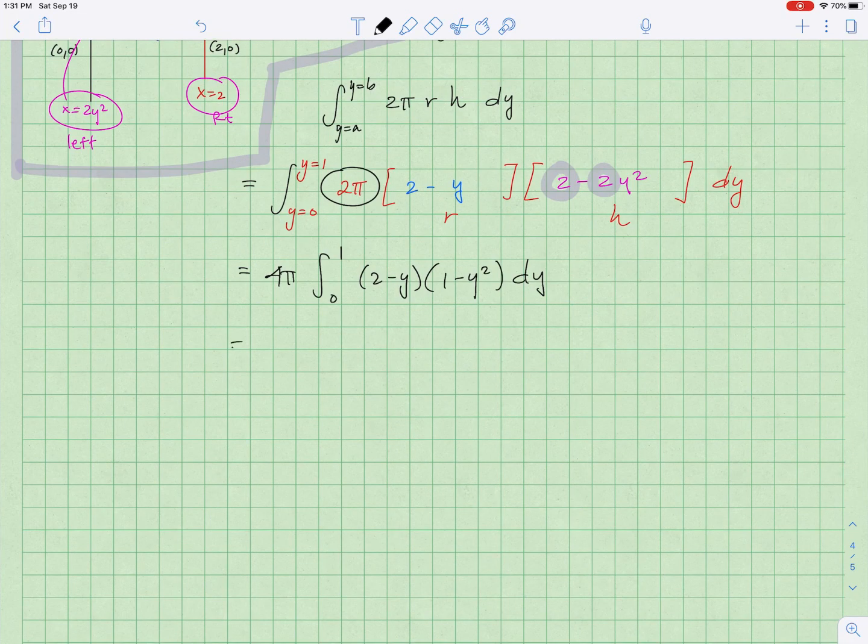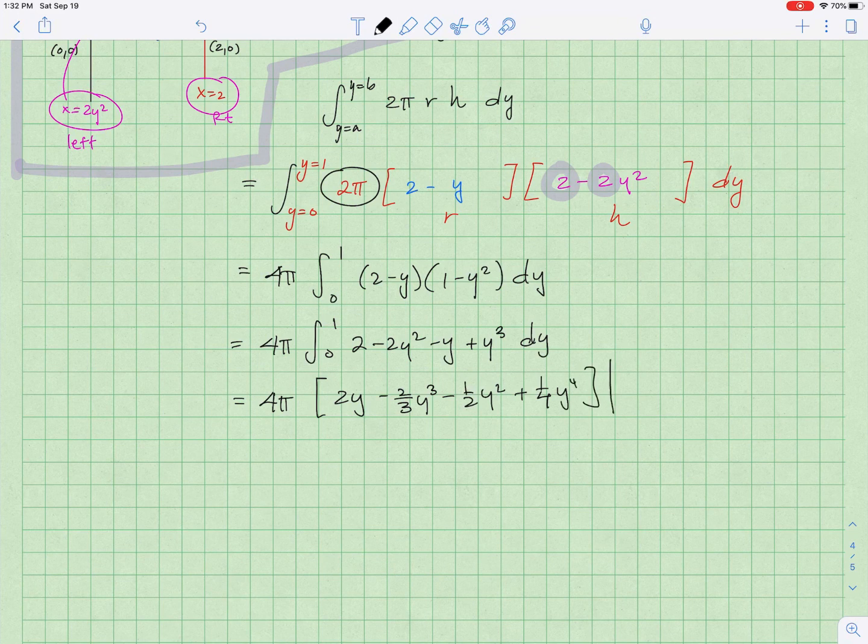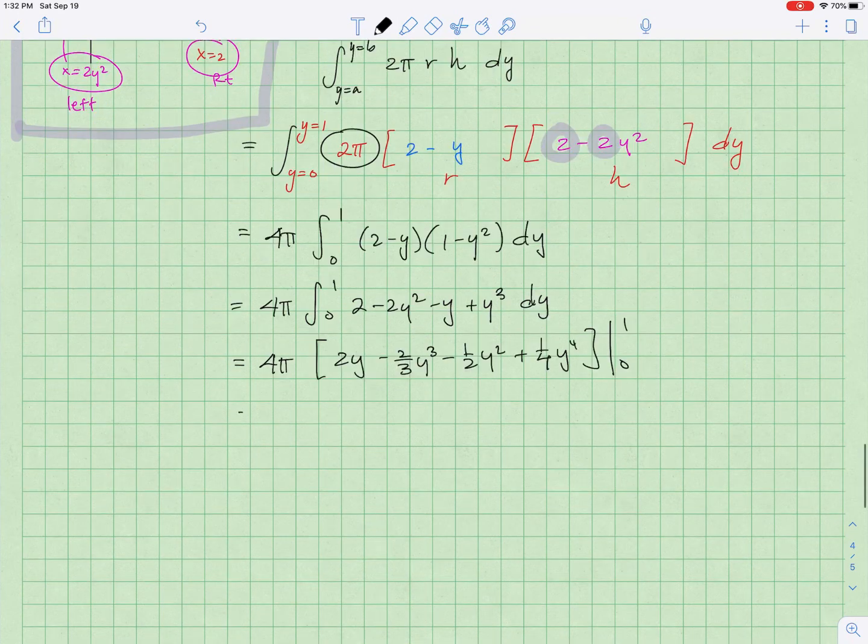We'll FOIL that out, and this will be 4 pi times the integral from 0 to 1 of 2 minus 2y squared minus y plus y cubed dy. And that'll be 4 pi times the antiderivative, 2y minus 2/3 y cubed minus 1/2 y squared plus 1/4 y to the 4th, evaluated between 0 and 1, which will leave us with the following hot mess.